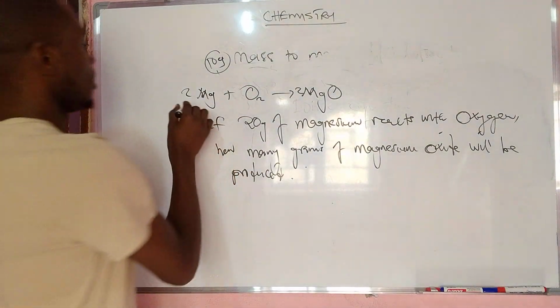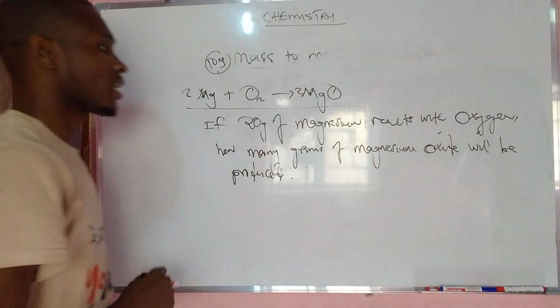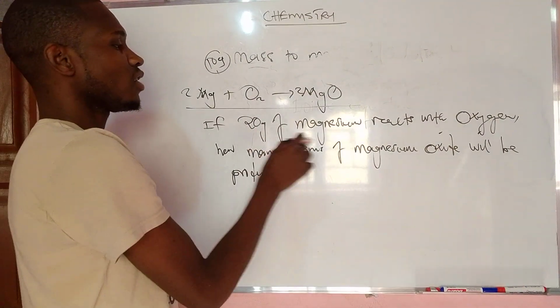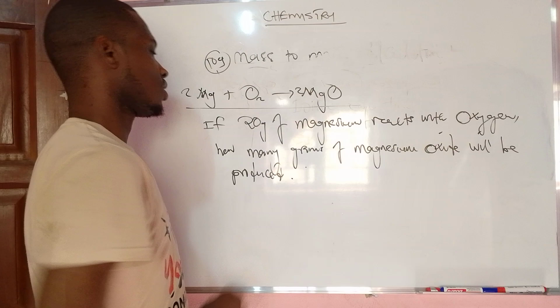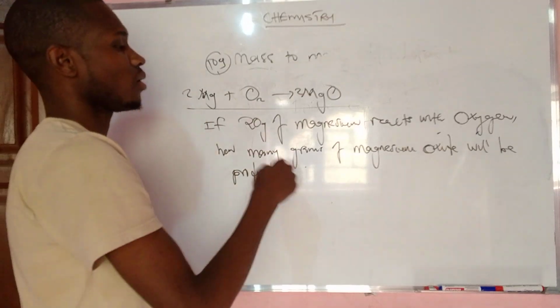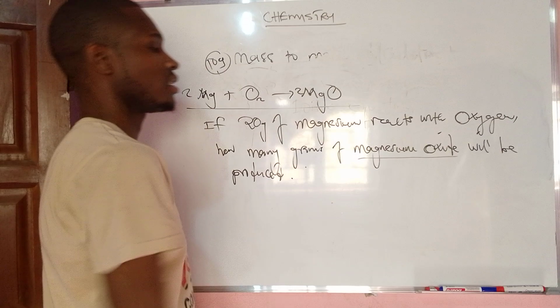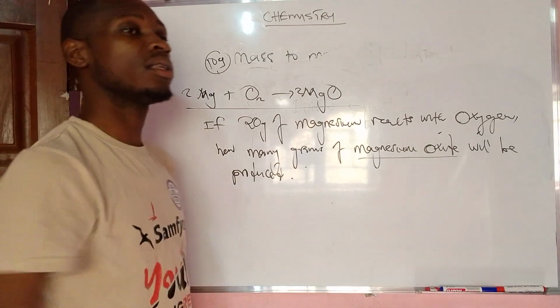So this is our equation. We are saying if 20 grams of magnesium react with oxygen, they are going to produce magnesium oxide. So how many grams of magnesium oxide will be produced in this case?